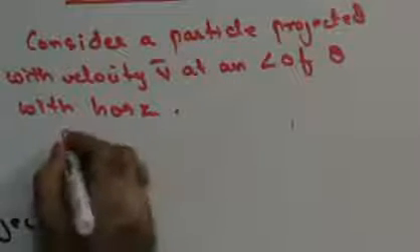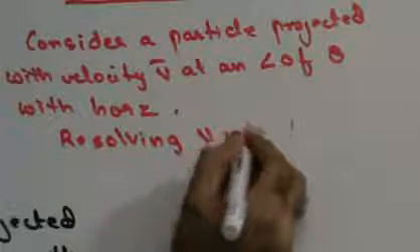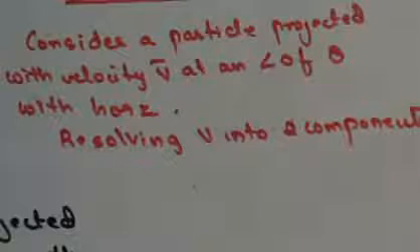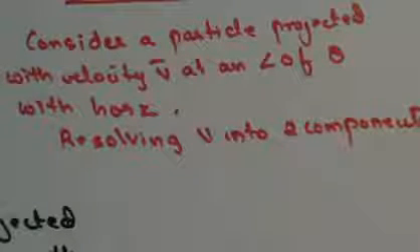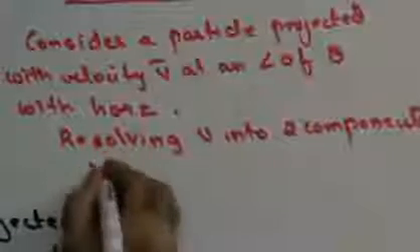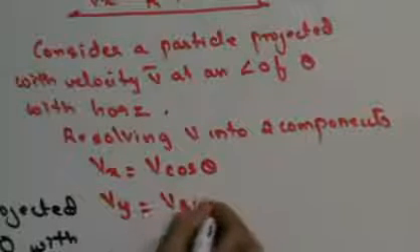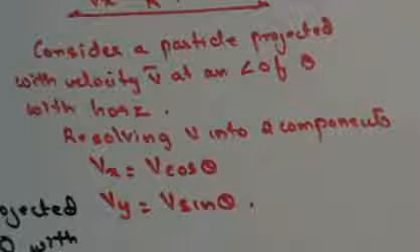Resolving v into two components, you will get that Vx is equal to V cos theta and Vy will be equal to V sin theta, right? The horizontal and vertical components.